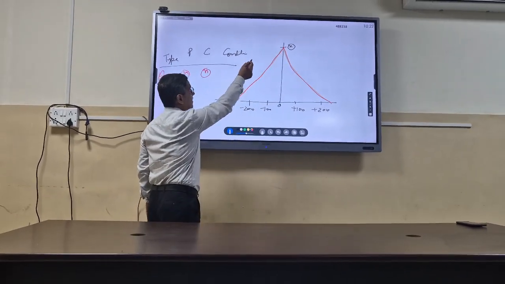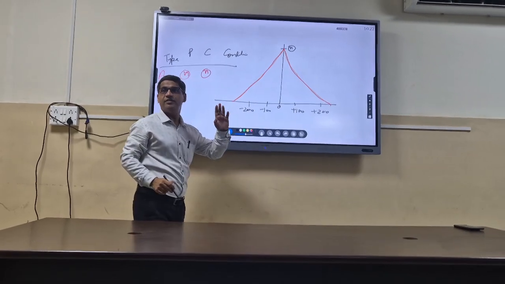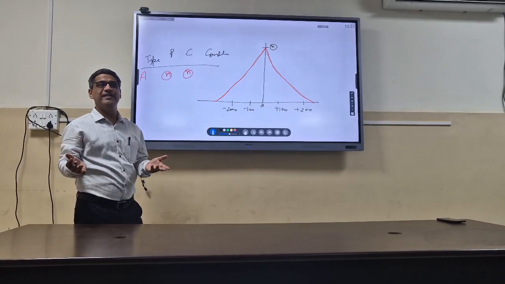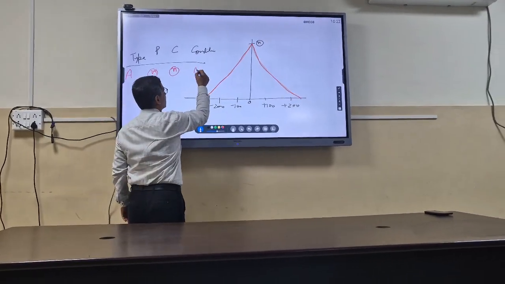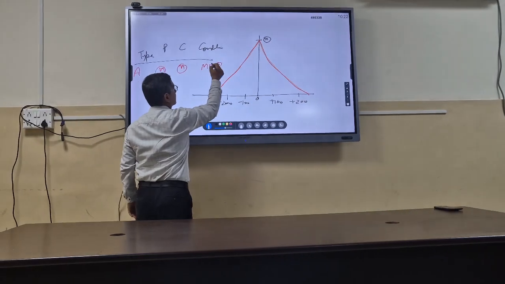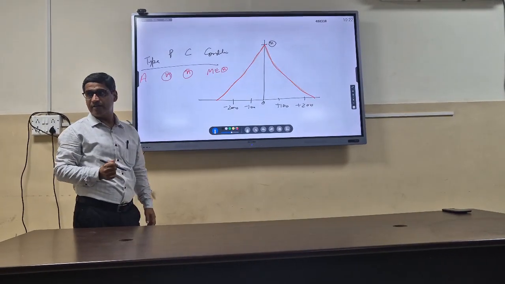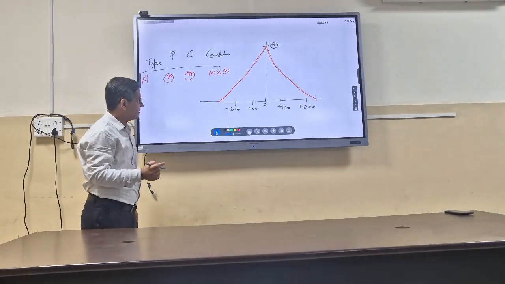Normal means maximum compliance. So this is seen in which condition? With the normal middle ear. So here the middle ear is normal. Got it? Next slide.